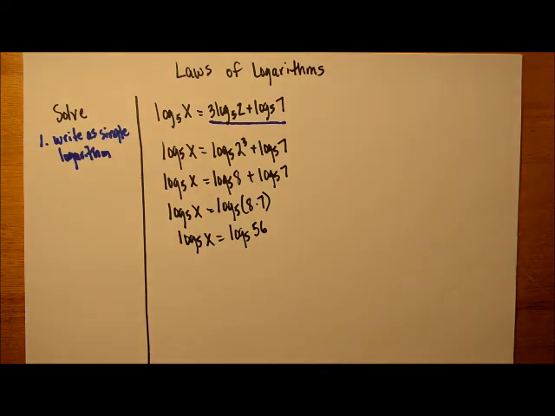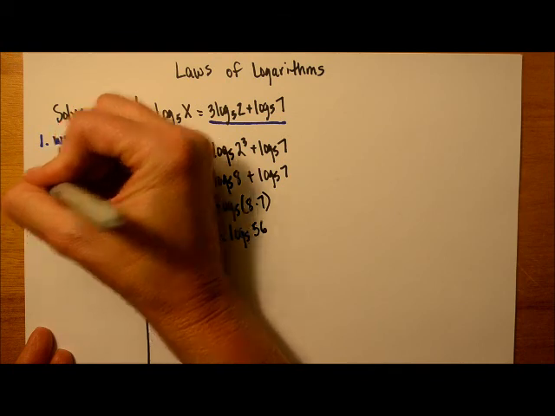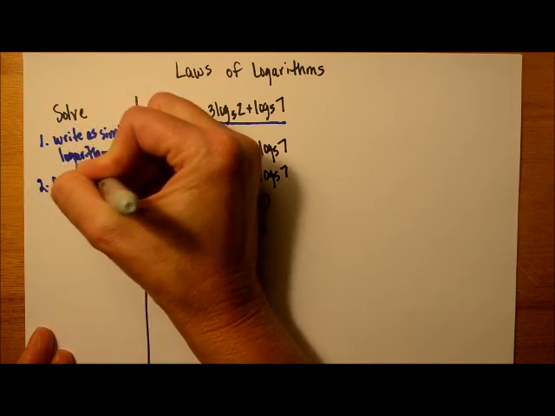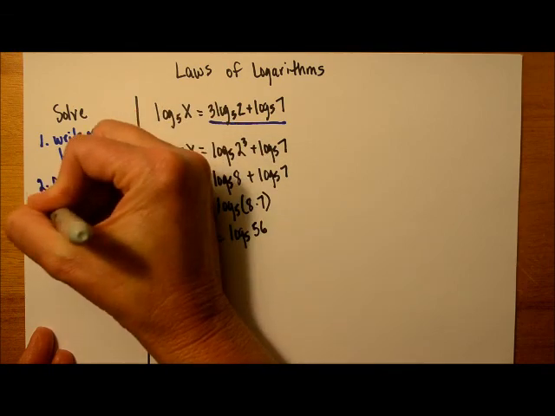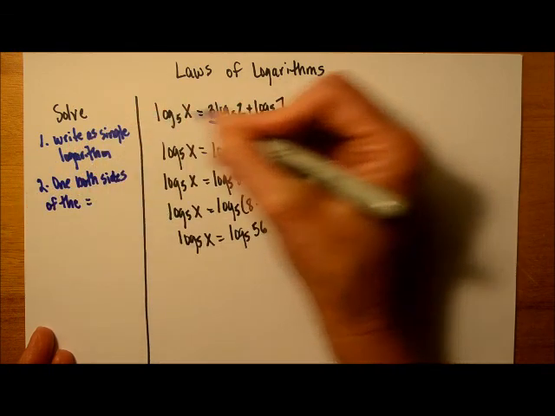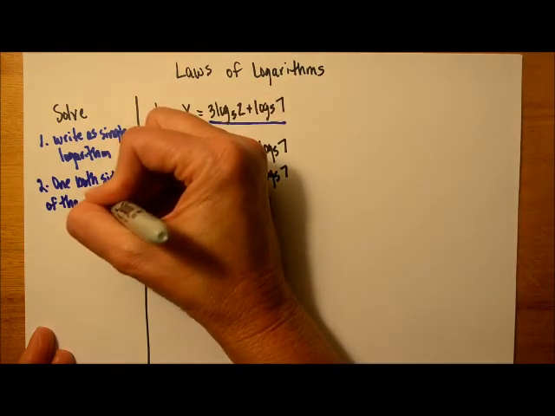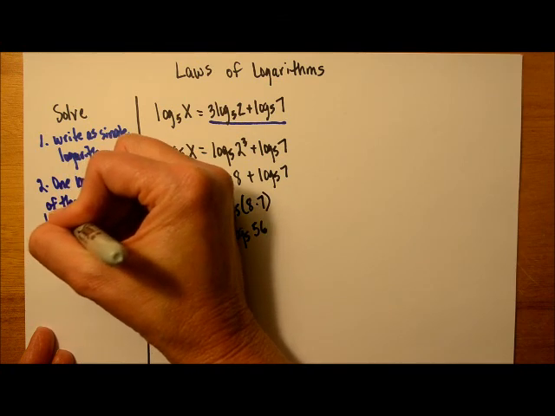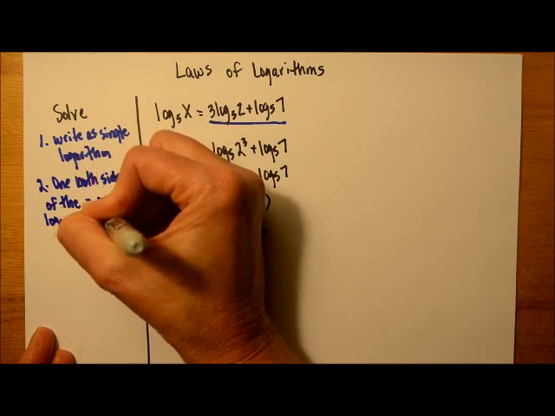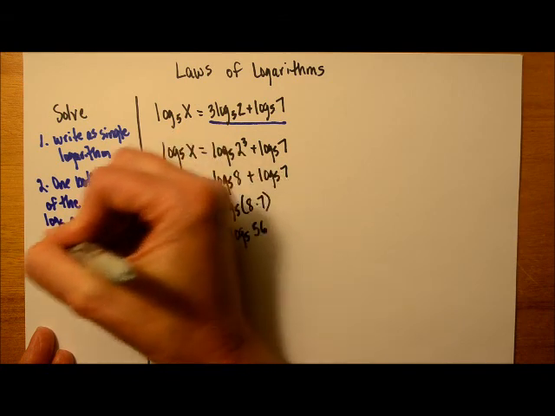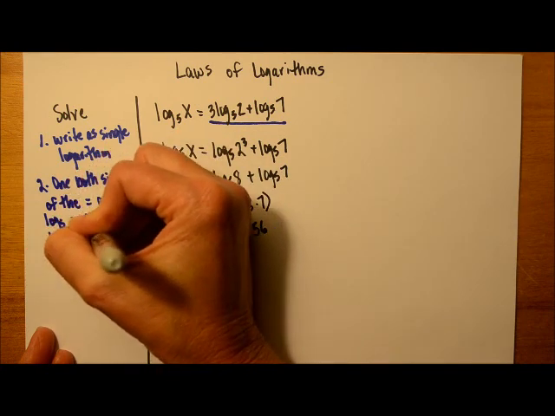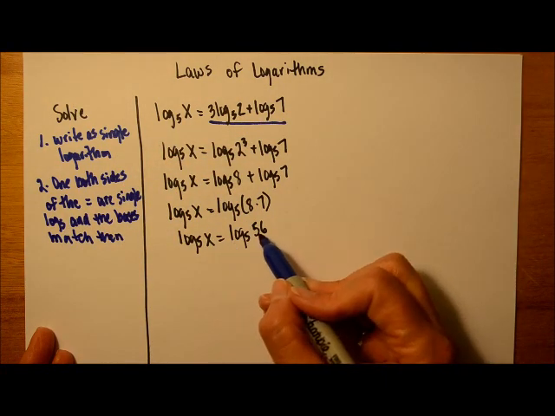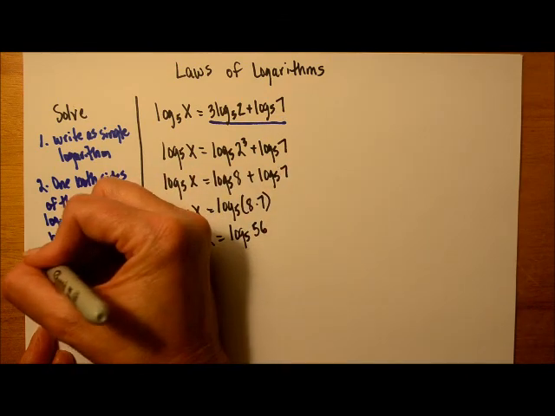Now, the deal is once your logarithms match, once both sides of the equation are single logarithms and the bases match, then you can set what's in front of the logarithm equal.